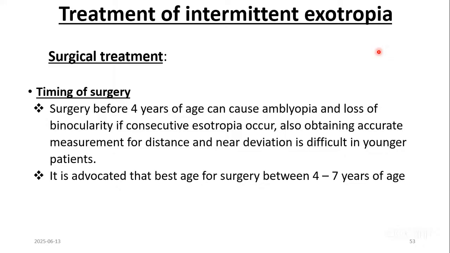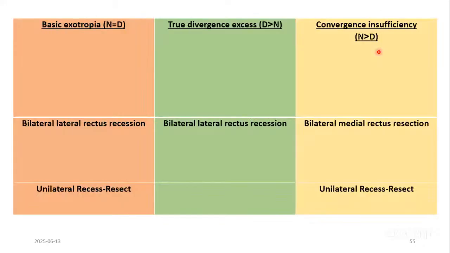Okay. So here, for the surgery in a patient with basic exotropia, you might do bilateral lateral rectus recession or unilateral lateral rectus recession and medial rectus resection. In true divergence excess, it is always preferable to work on the lateral recti only. Why?